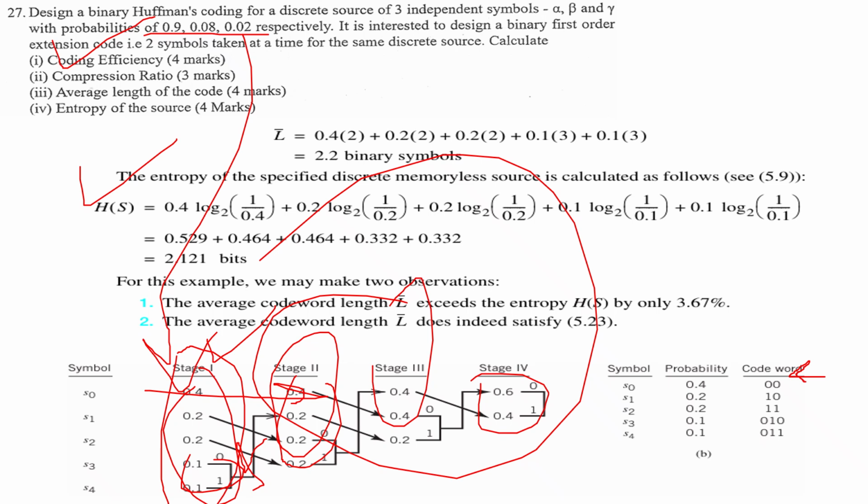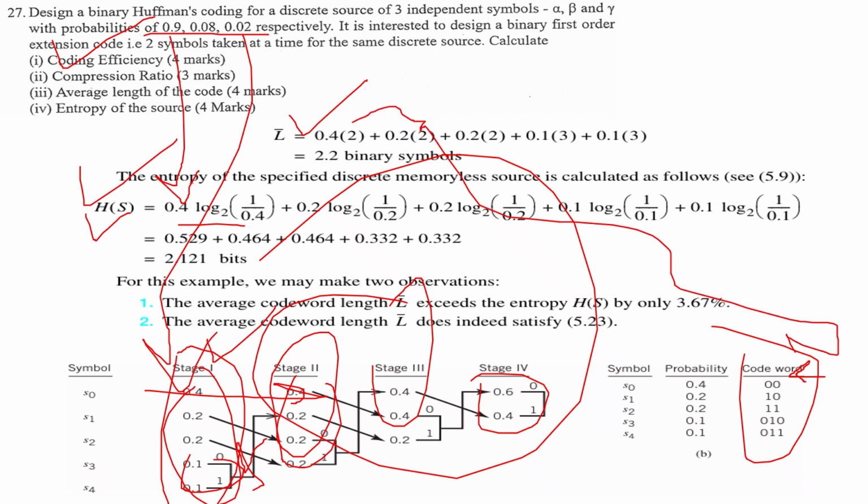You will get the codes. After getting the codes, you can find out the H(S). H(S) is the entropy, that will be based on the probability only, and then you can find the average code word length, that will depend on these two. All these things are related to the code words that you got.